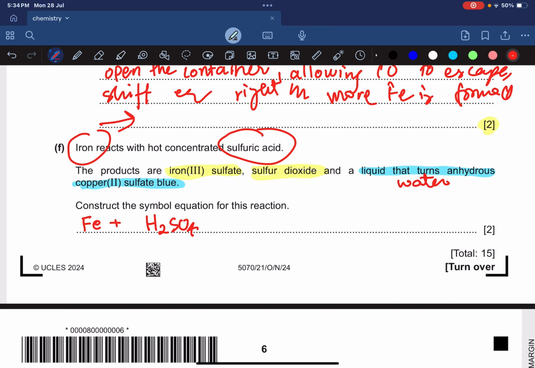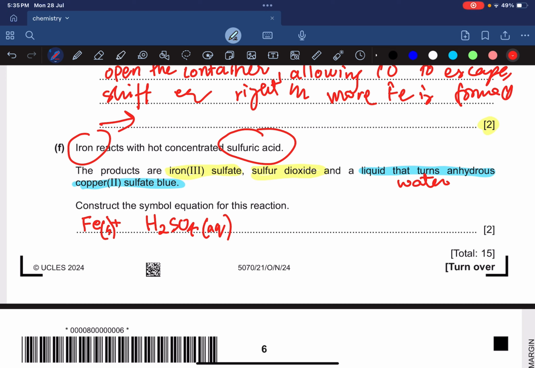Because it's a simple equation, in front of iron we can write solid, and in front of sulfuric acid we can write aqueous. Aqueous means it's dissolved in water, because all acids are dissolved in water. Acidic hydrogen ions are basically discharged when you dissolve it in water.